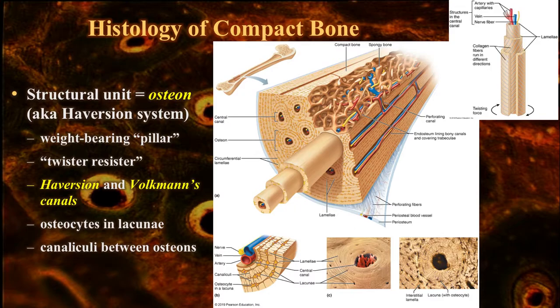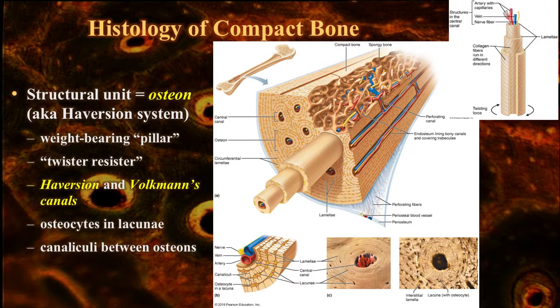Okay. And then our Volkmann canals are also known as perforating canals. And they run, I spelled that wrong, perforating. Okay. And they run perpendicular, so they're going to run this way. Okay.